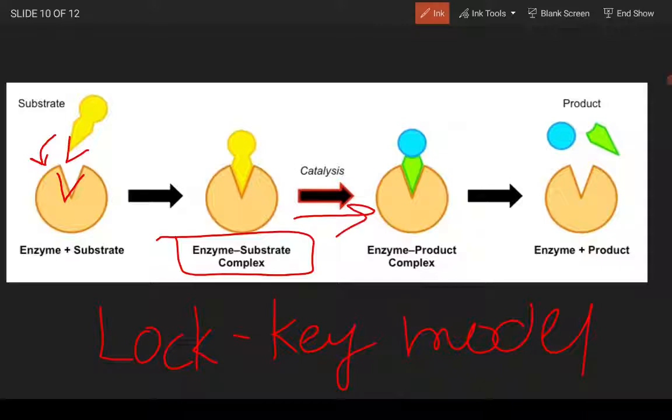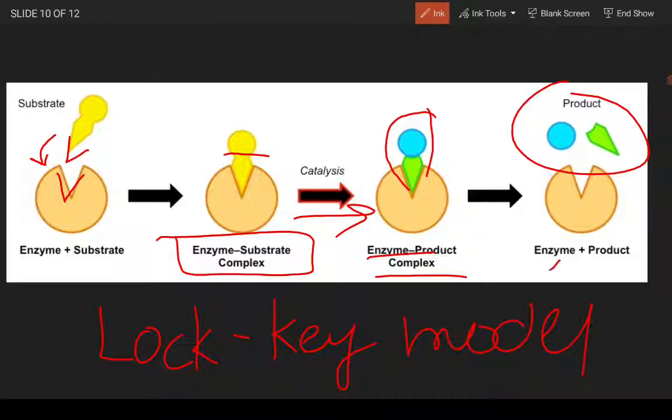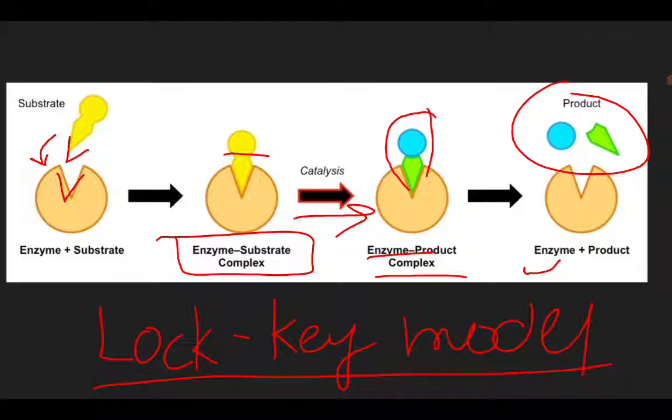Then catalysis occurs, old bonds are broken, new bonds are formed, and a product is formed. An enzyme product complex is formed, and the product is then released, and the enzyme is once again ready to bind to another substrate. So this is the lock and key model, where the substrate acts as a key that fits exactly into the active site of the enzyme.